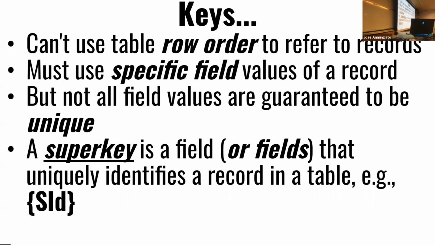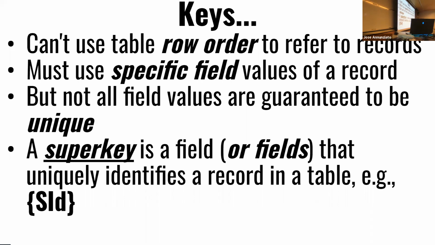We say that there are keys and super keys. A super key is a set of fields that might contain fields that are superfluous. For instance, if first name and last name make it unique enough, and we add the middle initial, the middle initial is superfluous.